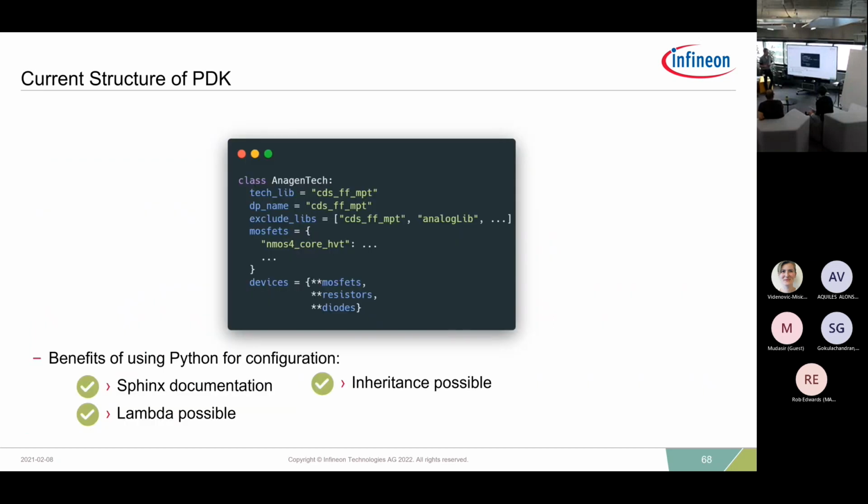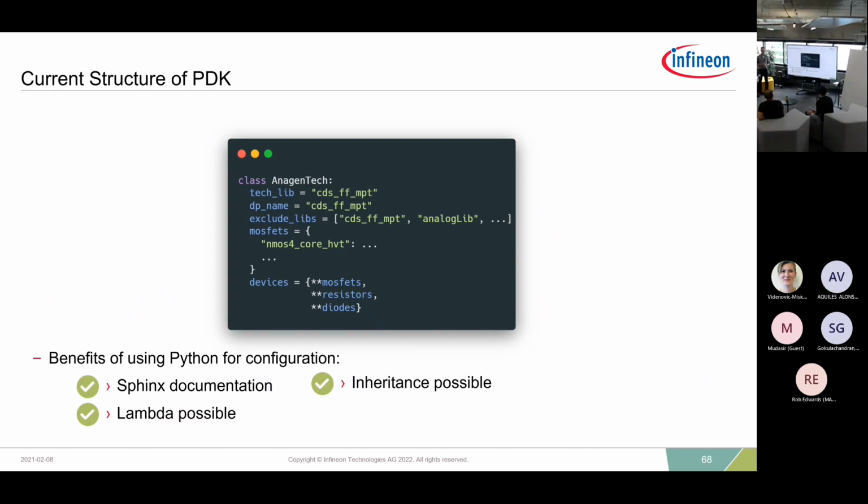I think I have this snippet here. It looks like that. In that file, we just have one class, a few class members where we just define what we see in there, and maybe some devices, MOSFETs, just added in such a way. The nice thing again with using Python for defining this class is that we can automatically generate documentation with some nice comments.